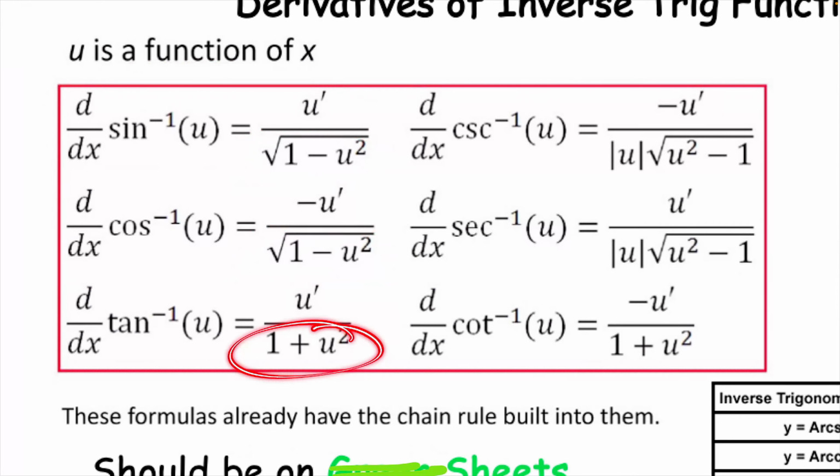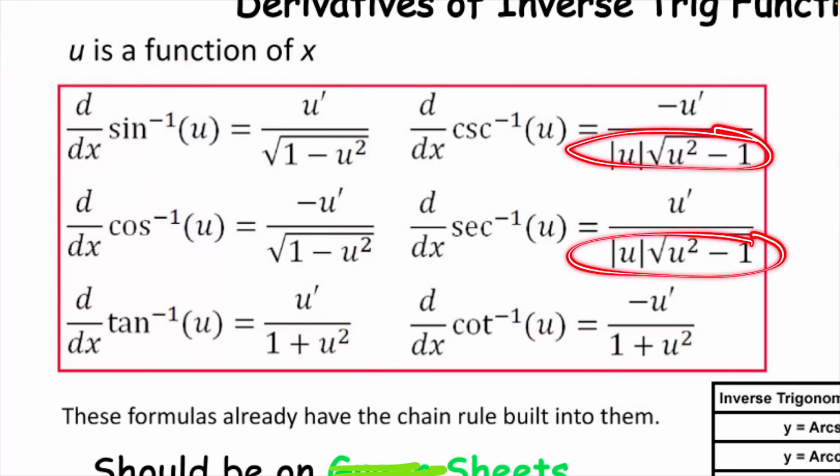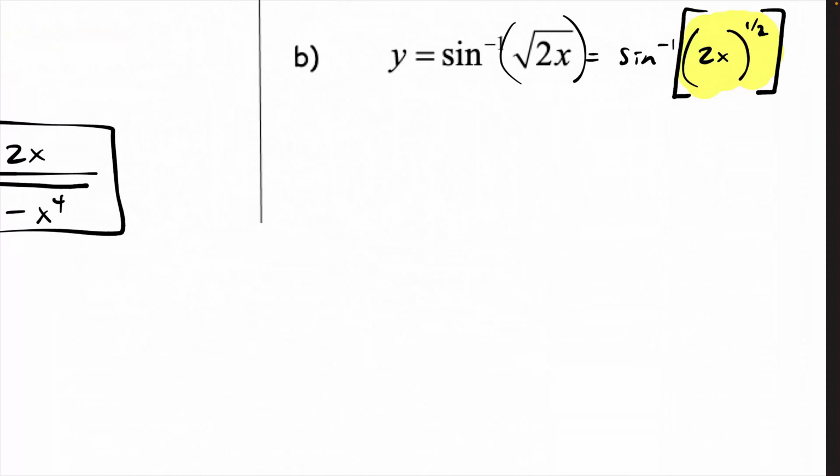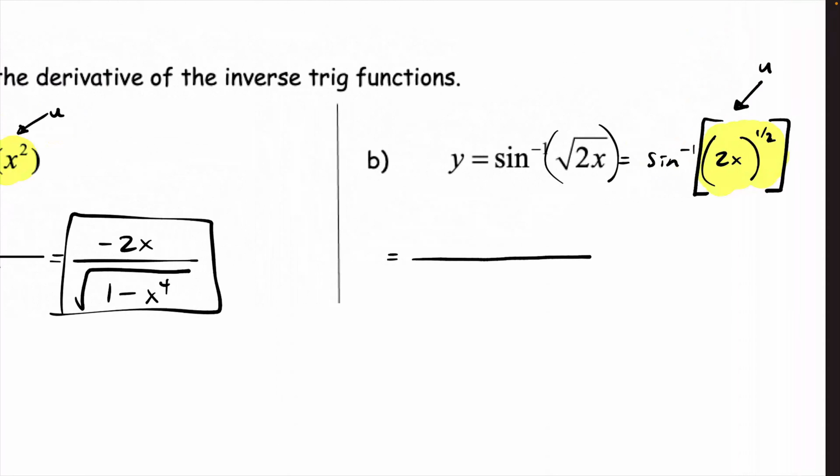You'll notice some of these are the same. Tangent and cotangent are very similar, cosecant and secant are very similar. They're all very, very similar. So to do the derivative for u, we need to use the power rule or the chain rule.